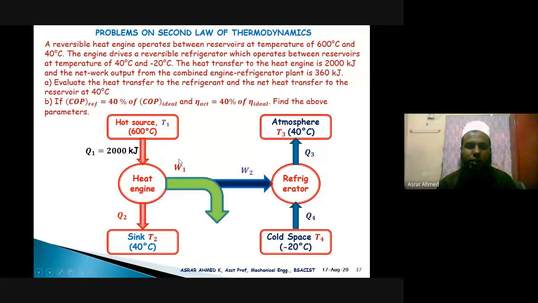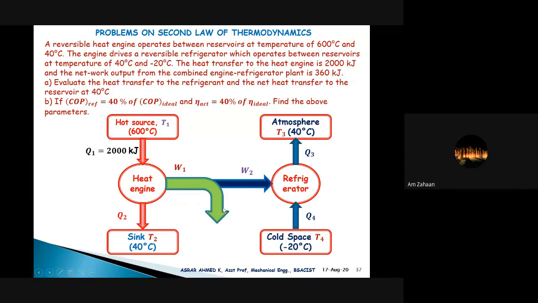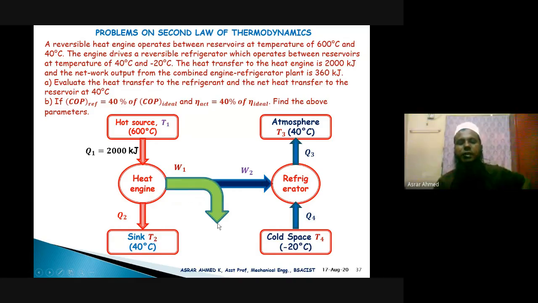So this 100 is totally produced, and this 40 is given to the refrigerator plant. So what will be here at the down area of green? 60. So 100 is here, 40 is here, meaning the remaining 60 will be here. So that is the W net. It is given as W net equals W1 minus W2.